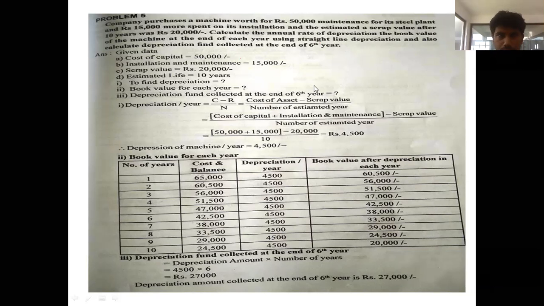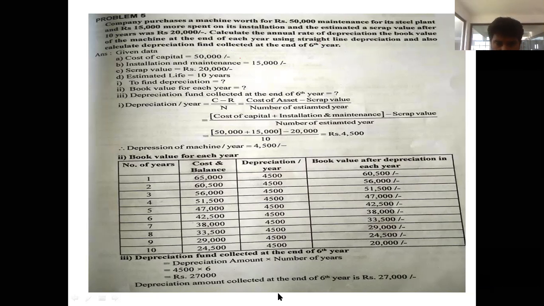Calculate the annual rate of depreciation and the book value of the machine at the end of each year using straight line depreciation, and also calculate the depreciation fund collected at the 6th year.